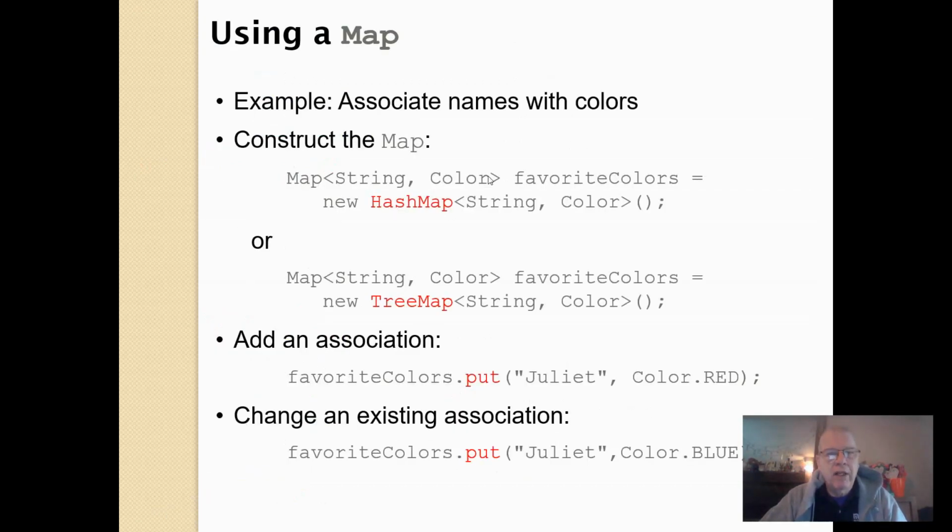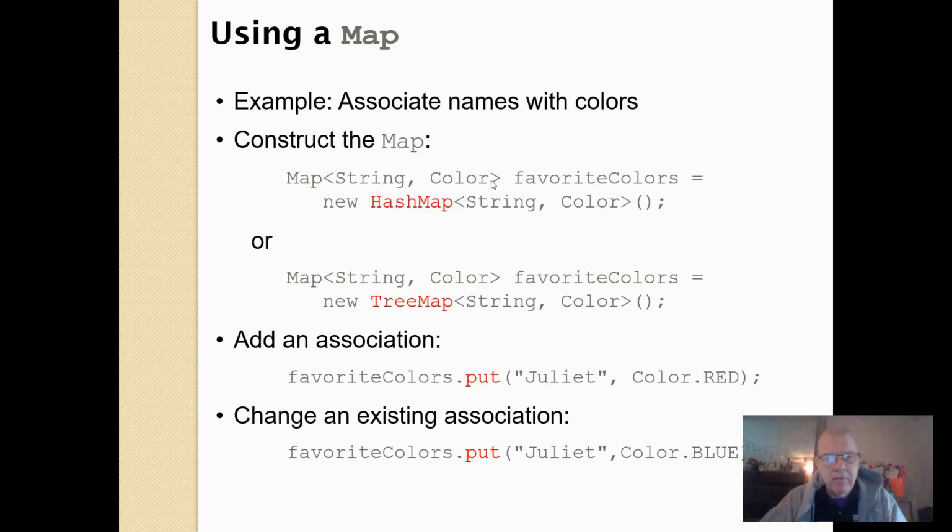So how do you use it? Well, very simple, very similar to a hash set and tree set. You declare a hash map or a tree map, and then you can put strings and values.